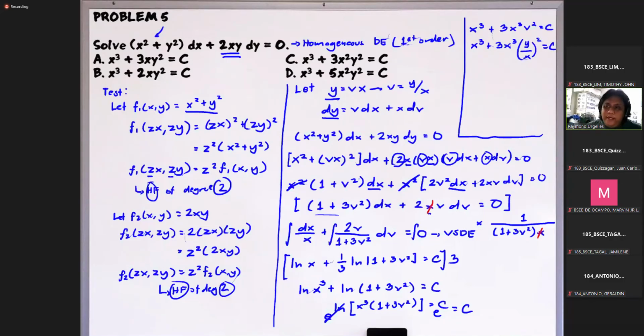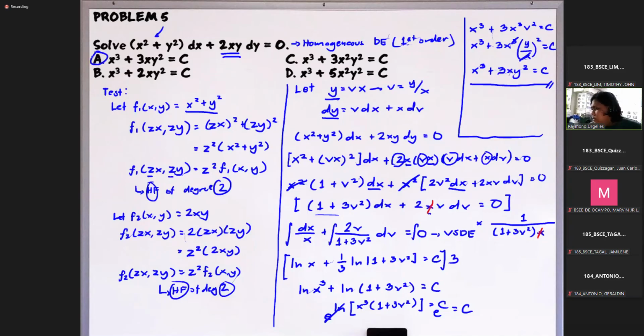Diba? So x cubed divided by x squared, magka-cancel yung x squared. So kaya may matitira ka pang isang x dito. So therefore, lalabas na x cubed plus 3xy squared is equal to a constant. So therefore, yan yung sagot natin. No? So this is letter A. Okay? So any questions?